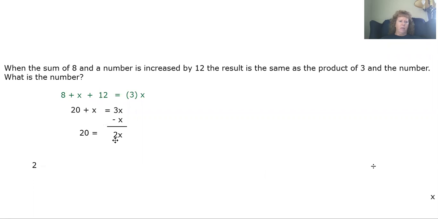Then we divide both sides by 2. Here was a division sign to clue you in that we were going to divide. 2 will go into 20 10 times. So x will be equal to 10.